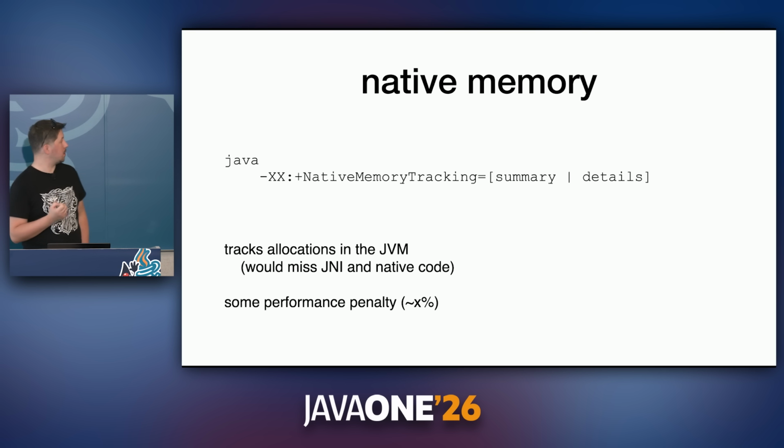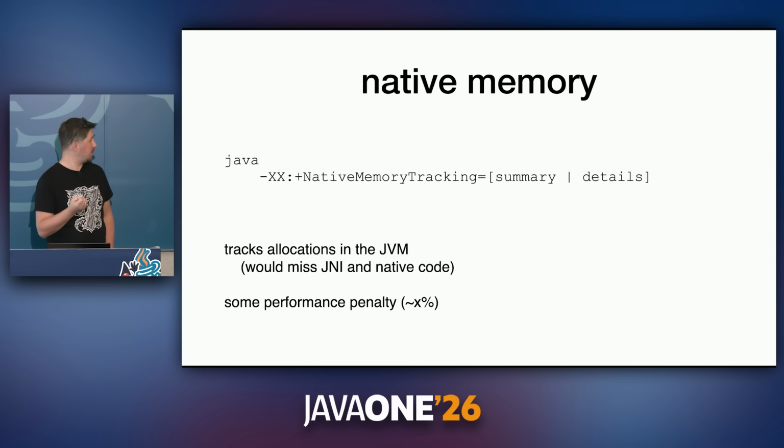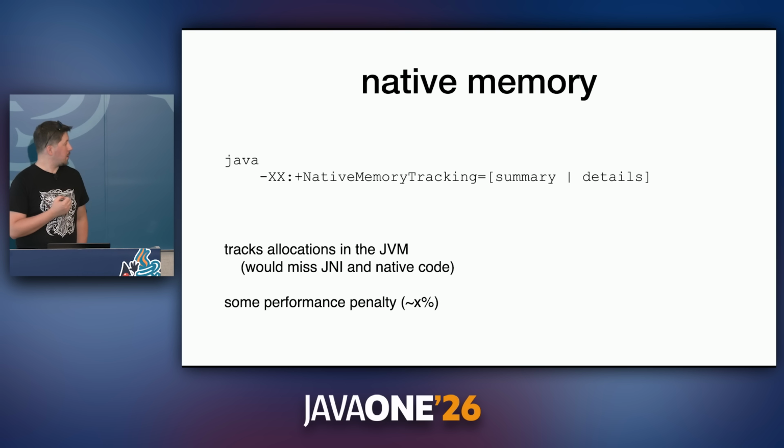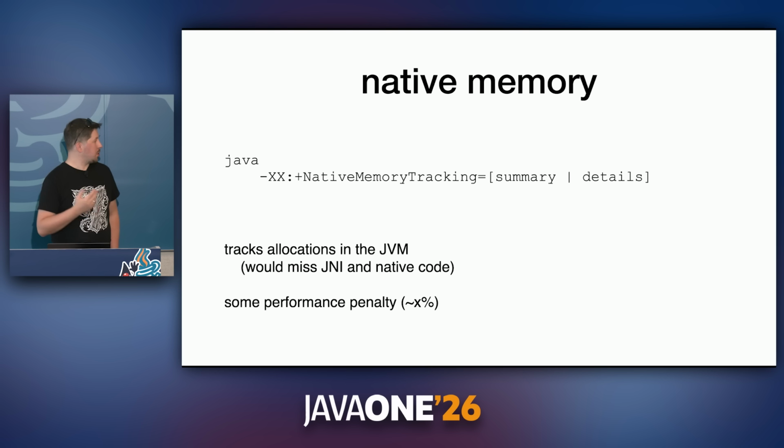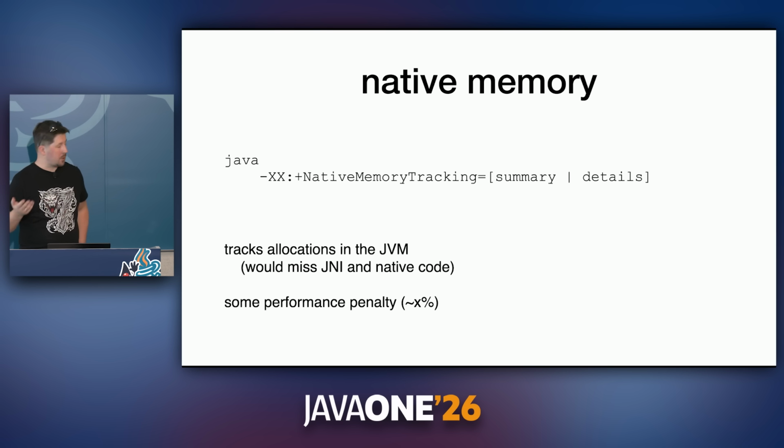What else is there and how would you track it? Excellent question. The answer is, for example, you can use Java native memory tracking, which is a great feature that tracks allocations in the JVM, but only in the JVM code, which means if you're using JNI or have native libraries that you use, you're going to miss it, or this tool is not going to surface that information. And there is a small penalty for doing that.